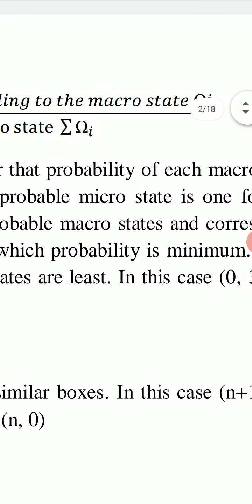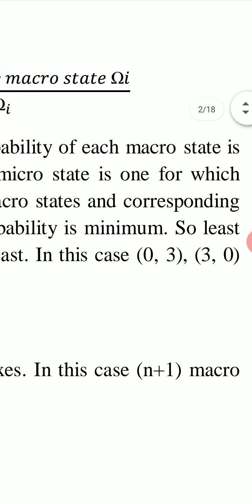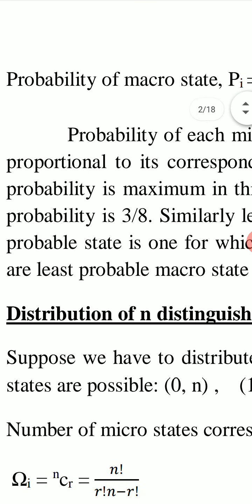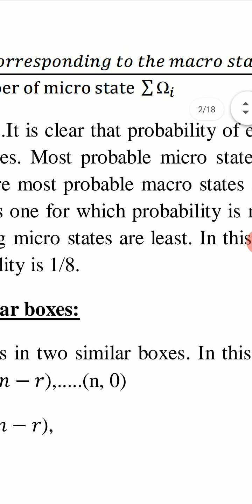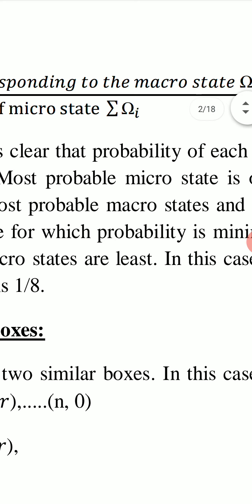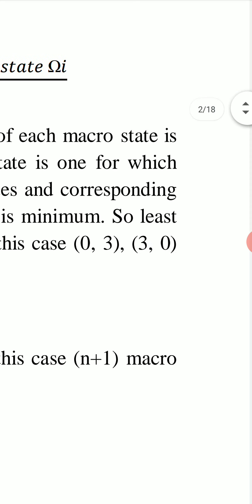The most probable macrostate is the one for which probability is maximum. Correct here also: it is not most probable microstate, it is most probable macrostate.